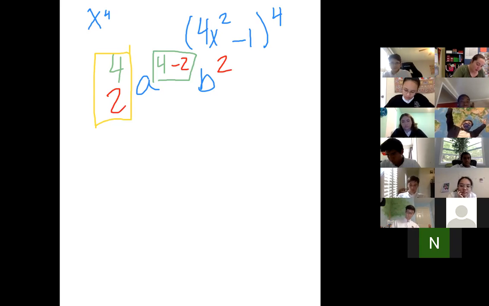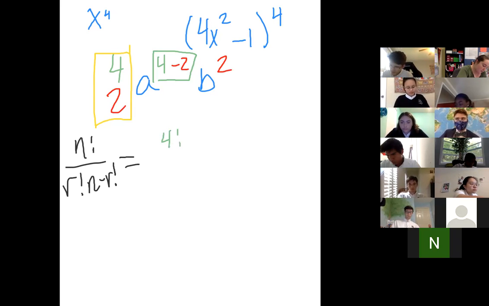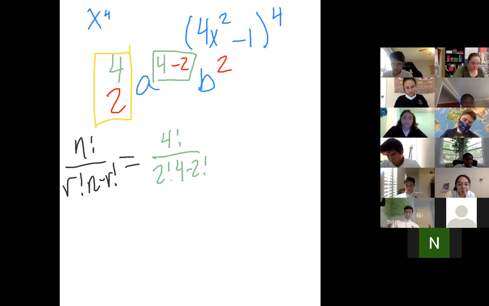Okay, so if we're using the formula, we have n factorial over r factorial, (n minus r) factorial. I'm going to plug everything in. This is the same thing as 4 factorial over 2 factorial, (4 minus 2) factorial. Which, is it okay if I just say that's the same thing as 2 factorial? Yes. Okay, cool.